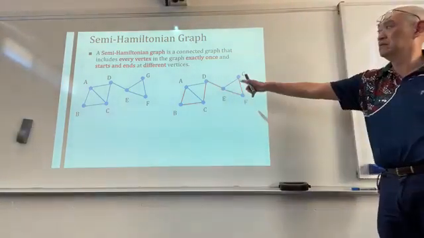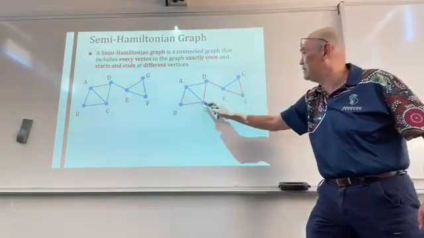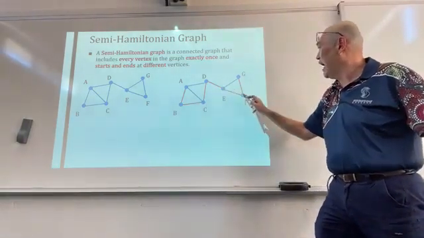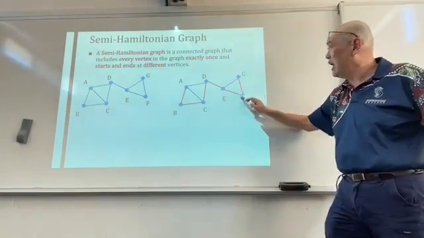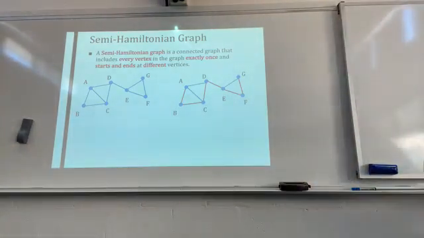That is the path that you can take: A, B, C, D, E, F, and G. So that is actually one open path and it's semi-Hamiltonian. It's not closed, it's open. It starts from one vertex and then visits all the other vertices and finishes at the other vertex. All right? So that's a semi-Hamiltonian graph.